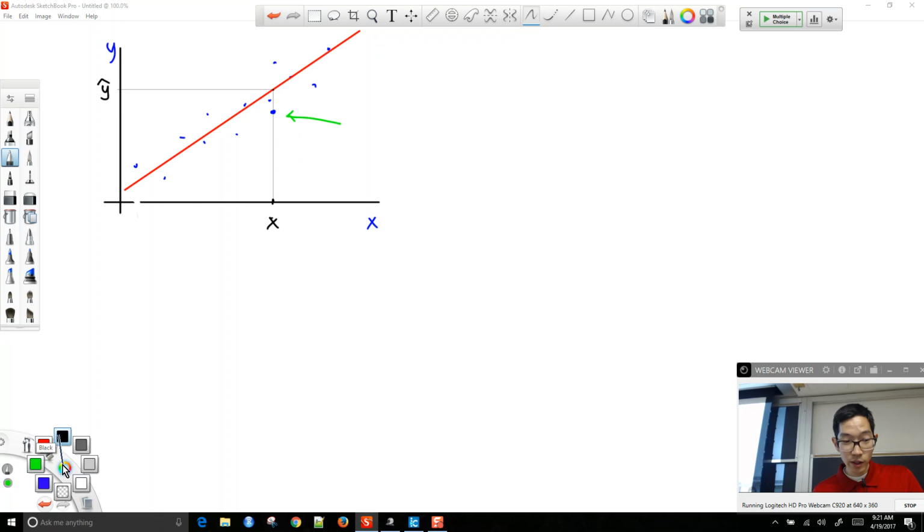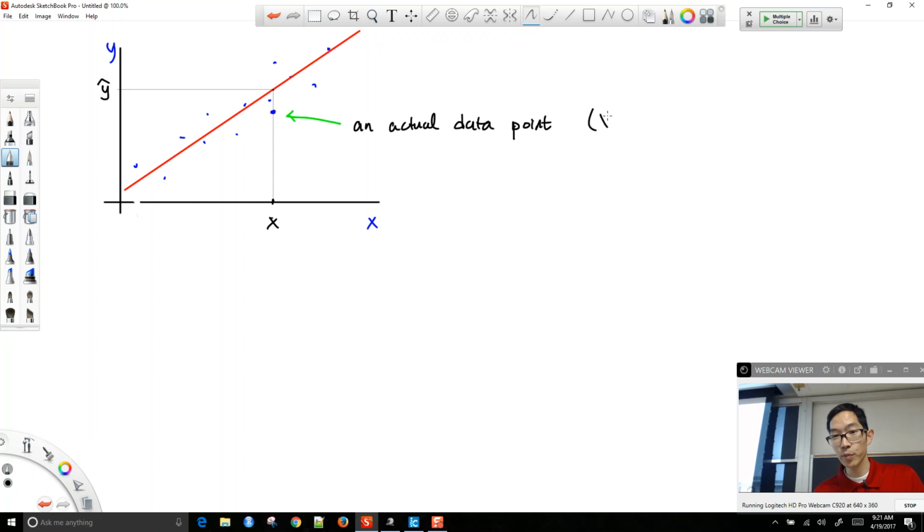So this will be an actual data point, which will have the coordinates x, y, right? Our prediction puts us right up here, okay?